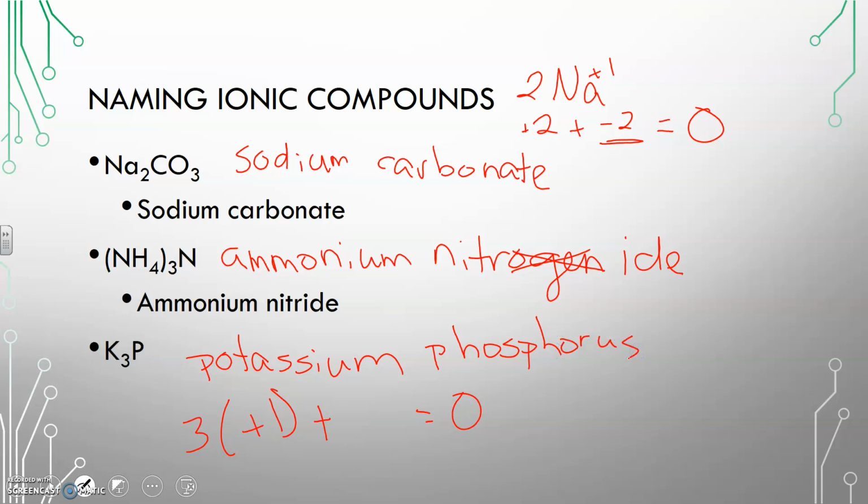Each P has a -3 charge, so that balances. Now we need to change the ending of the anion, so it's not phosphorus, it's phosphide. So it is potassium phosphide.